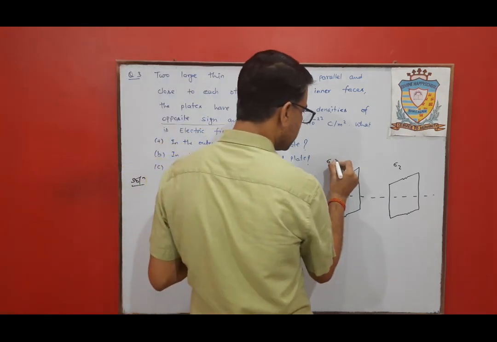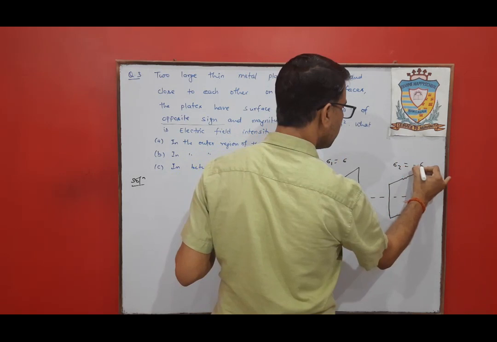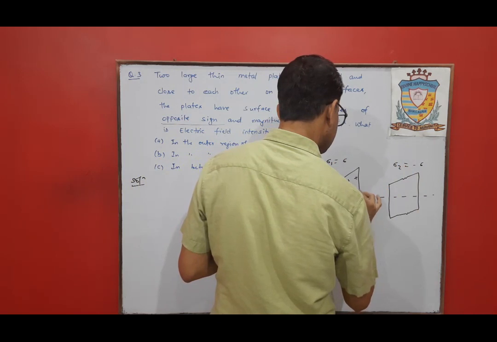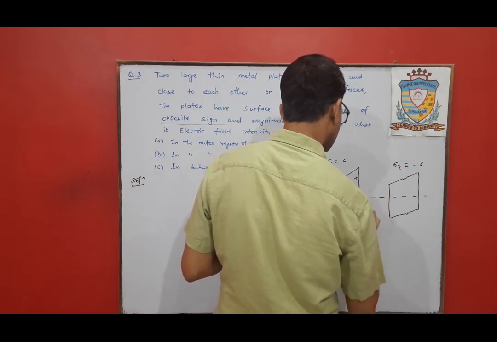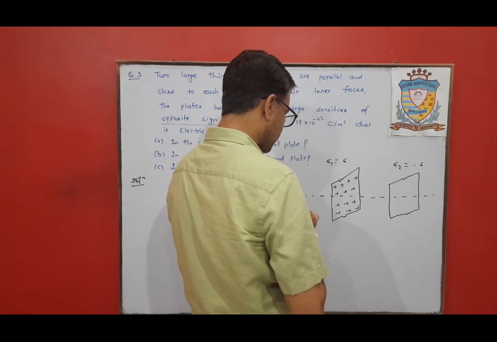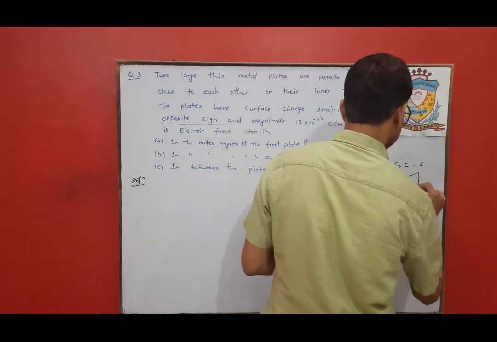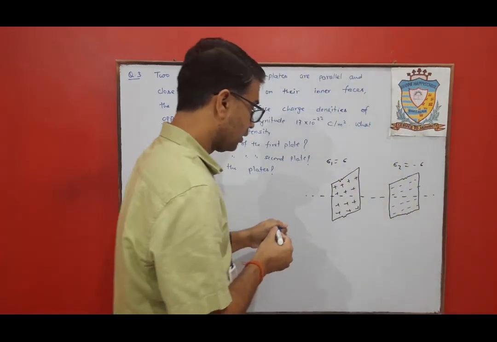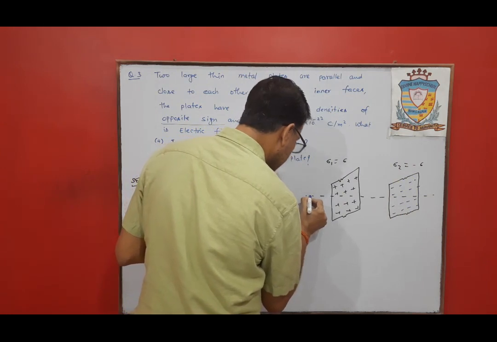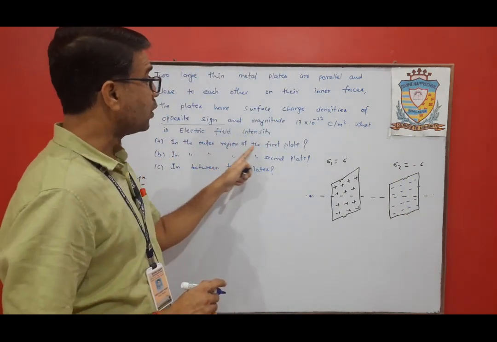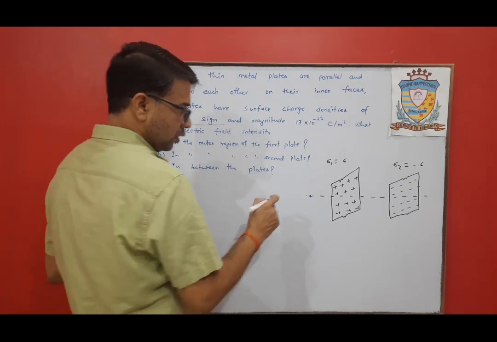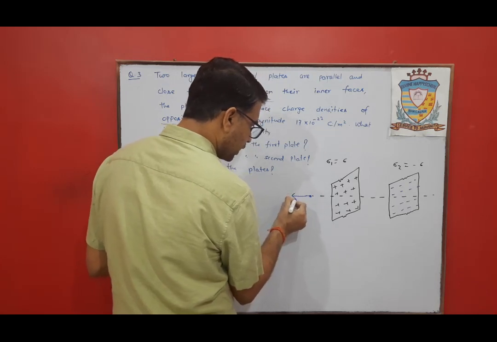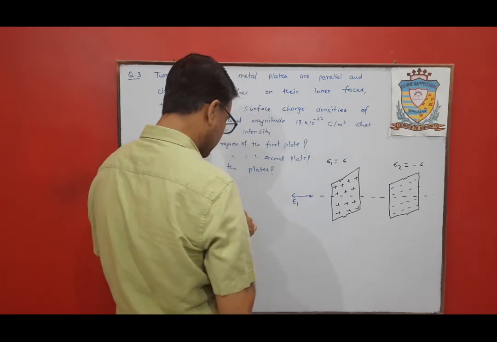Opposite sign means if this is sigma, this will be minus sigma, or you can say if this is having the positive charges, this plate has the negative. So the electric field intensity, first, in the outer region of the first plate means here. The electric field due to this positive charge is outward. This is the value of electric field intensity due to sheet 1.